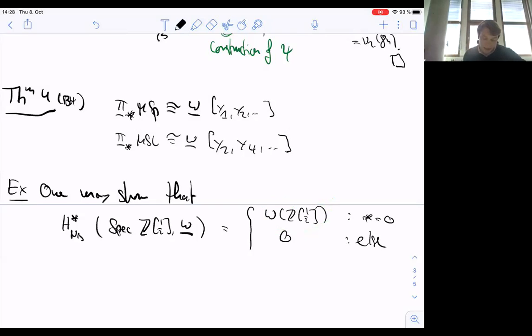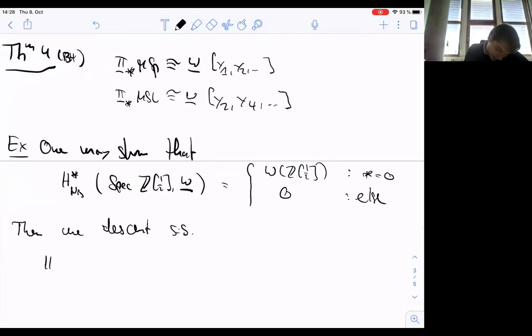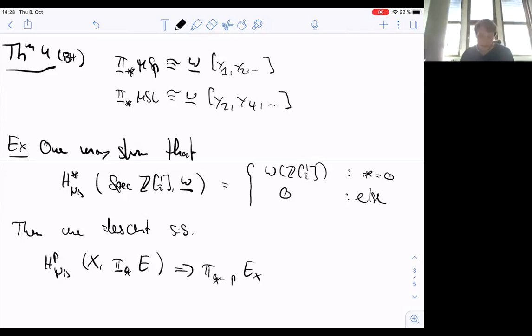Then you can use the descent spectral sequence. This is something like you take H^p Nisnevich over X with the q-th homotopy sheaf of your spectrum, and this will converge to π_{q-p} of E over X. Now I take E to be some spectrum which I want, like MSL or MSP, and I take X to be Spec Z[1/2].